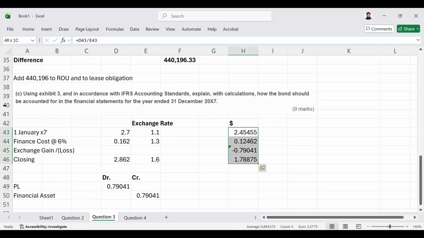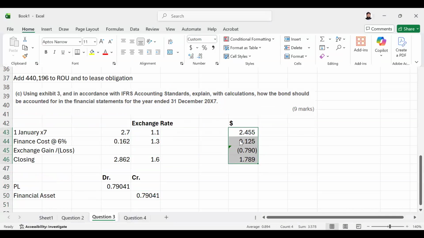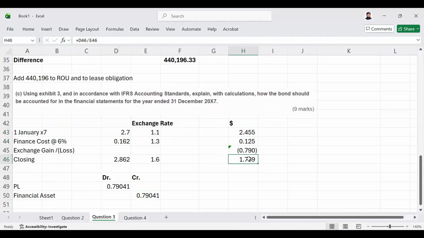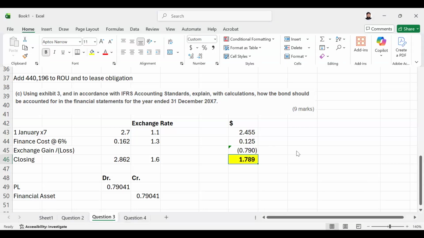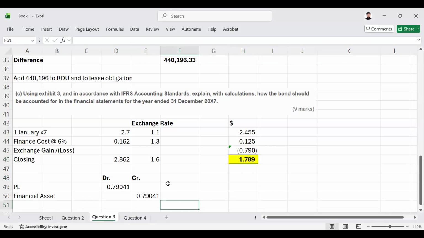Right? This is how it is going to be. So do you understand this, right? So this is basically how we need to account for all of this.